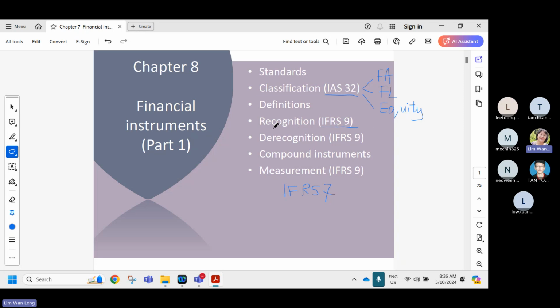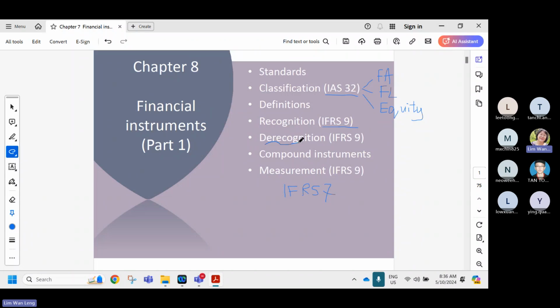Then recognition in the books: if you know that you have a certain financial asset because it fulfills the definition, or financial liabilities because it fulfills the definition, how are we going to recognize them in the books? And if we recognize them in the books, should there be any transaction costs? How do we deal with the transaction costs?